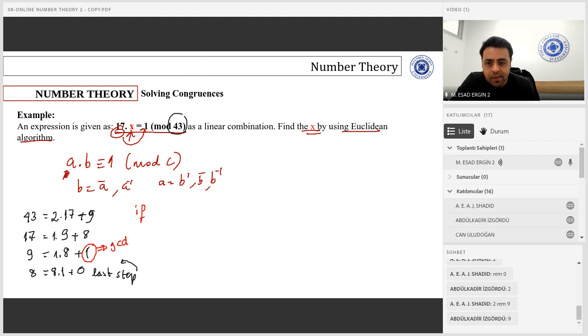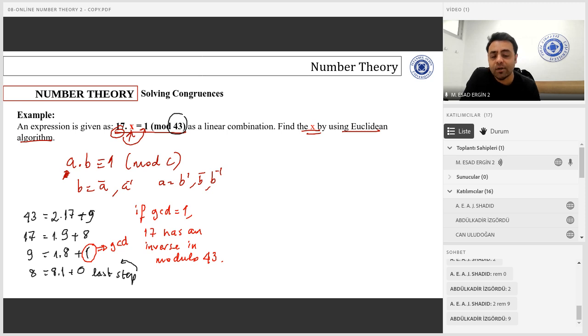If GCD equals 1, then we can say that 17 has an inverse in modulo 43.